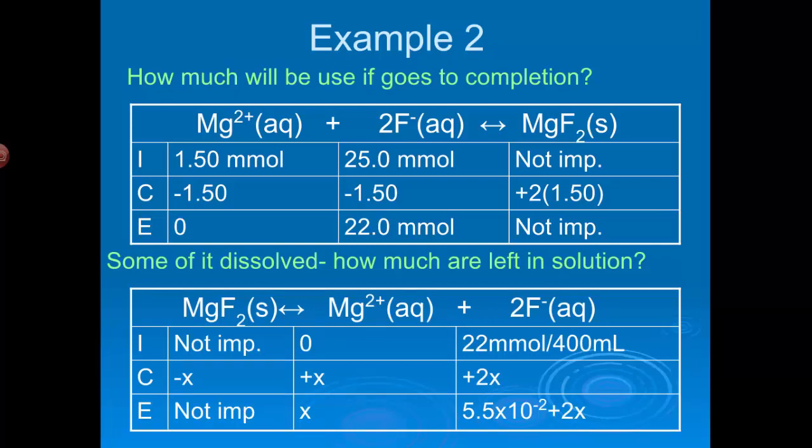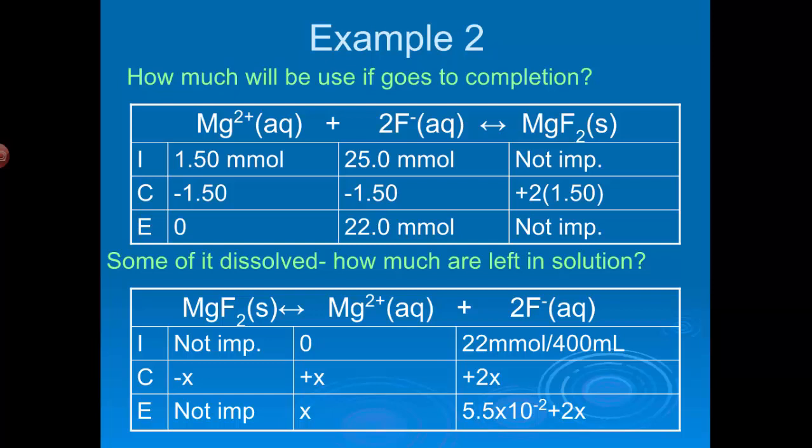So our MgF2 is the salt, and that's producing Mg plus 2 and F minus. We have no magnesium in solution because we used it all up in the top chart there. We used it all up to create this magnesium fluoride. So when the magnesium fluoride is going to then dissolve, we don't have any magnesium ion to start with. But we do have a little bit of the fluoride ion, 22 millimoles divided by the total volume of 400 milliliters.